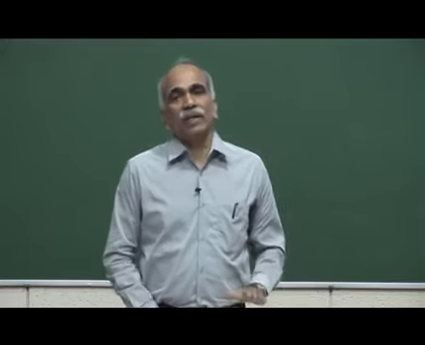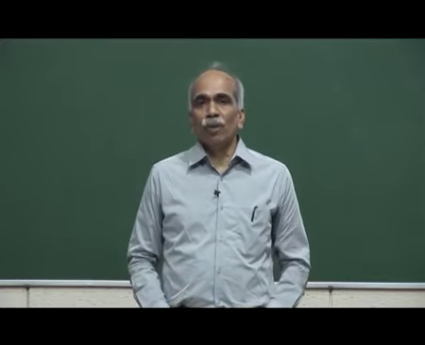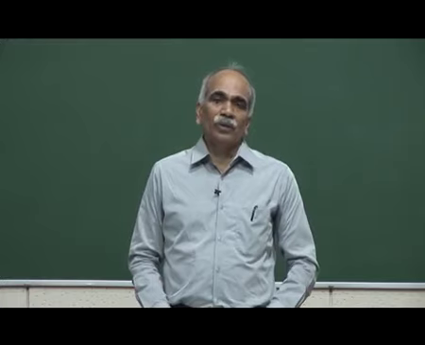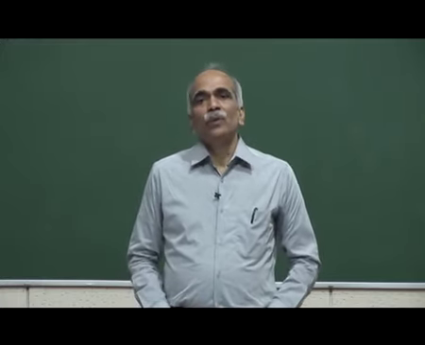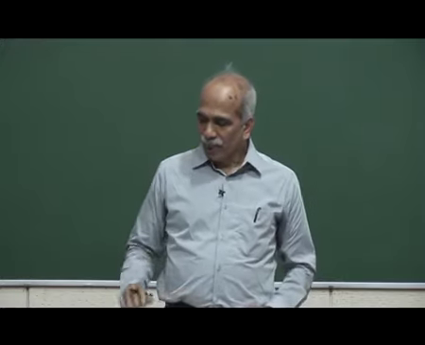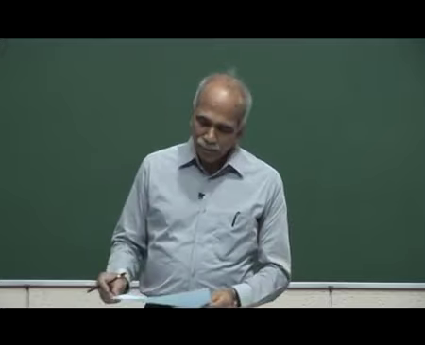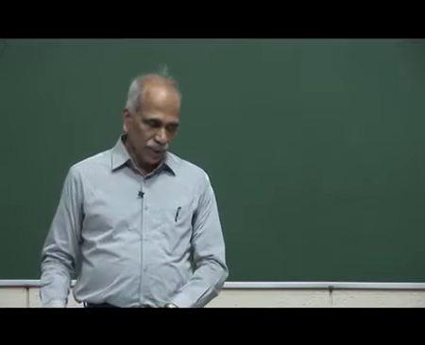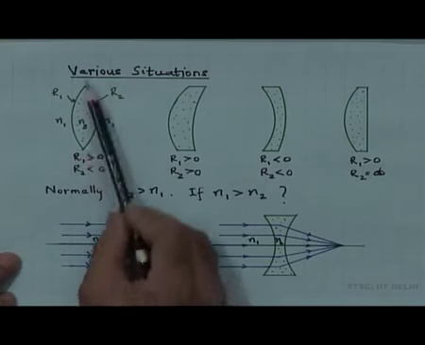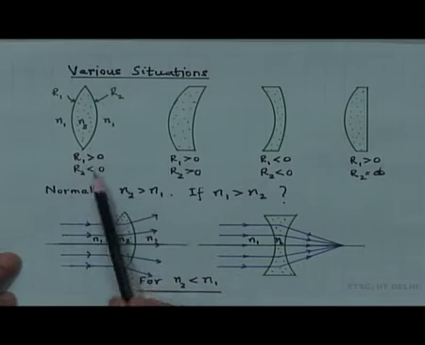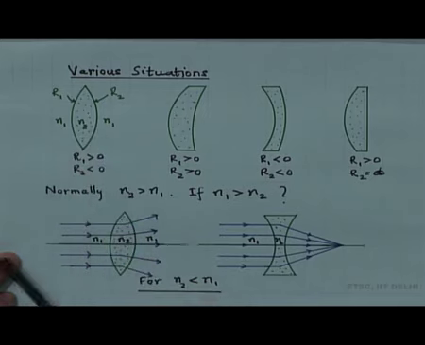It depends on the refractive index of the medium, and therefore you have to substitute in the formula 1 by f is equal to (n2 minus n1) into (1 by R1 minus 1 by R2) and find the focal length. Now, there are various situations one encounters: R1 greater than 0 and R2 less than 0 is the normal biconvex lens which I have been discussing.